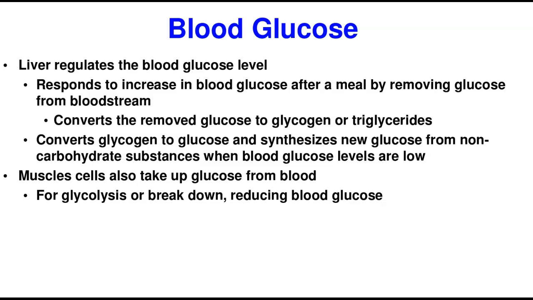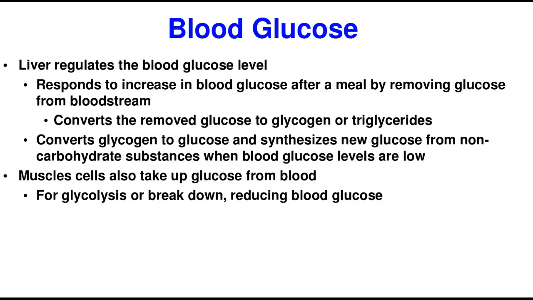Now, another organ that plays an important role in this regulation is the muscle. The muscle cells take up glucose, particularly when they are stimulated by insulin, through what we call the GLUT4 transporter. It's not part of what we're going to be talking about here. But the muscles will take up this glucose from the blood, therefore reducing the level of glucose. What do they do with it?